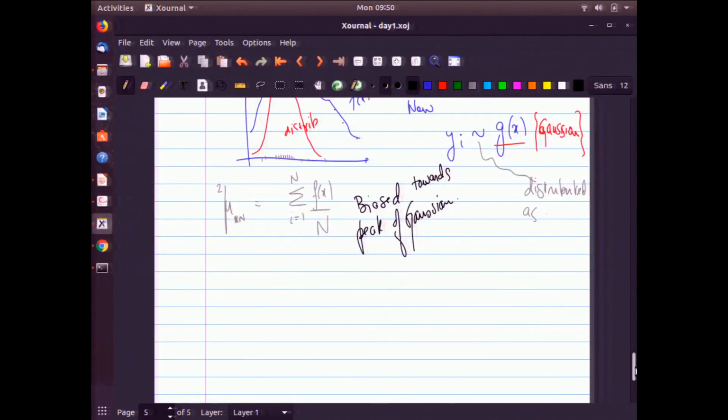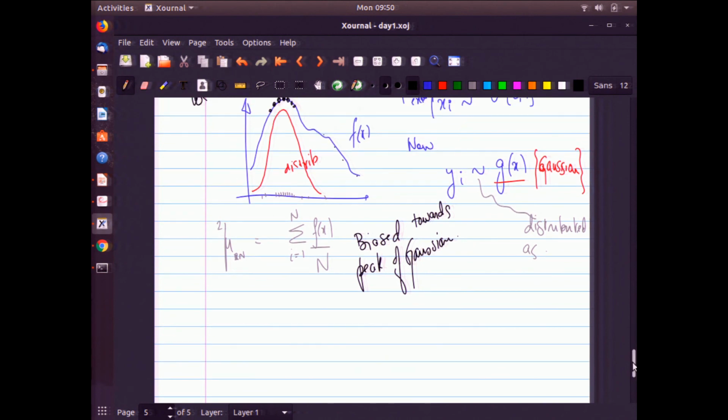So how can we then compensate for this? The natural way to compensate for this, I will call it some other estimator, is to do this. I made a mistake already. It's just a notational mistake.